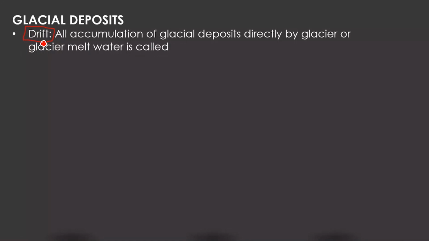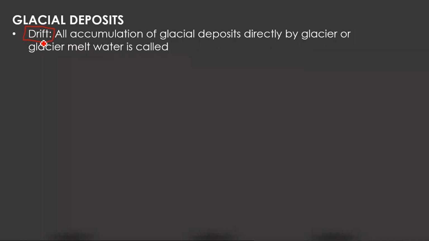basically unsorted. Unsorted means there would not be any uniformity in the size of the grains. Sometimes it would be large, sometimes small, because a glacier doesn't carry sediments in the same way. A river will carry only some particular size in suspension, some particular size in saltation, some particular size in dissolved load.